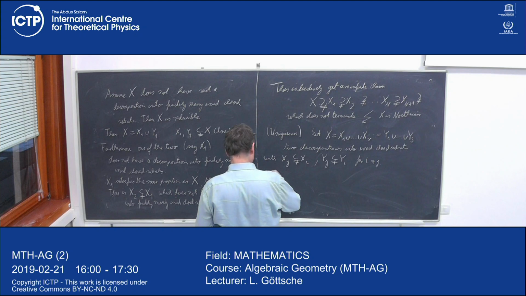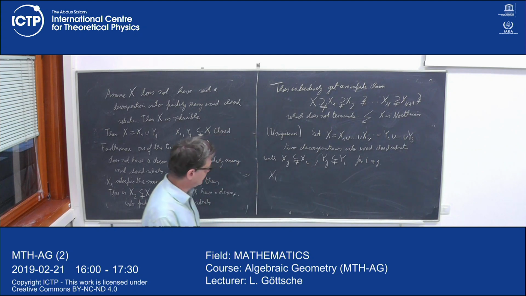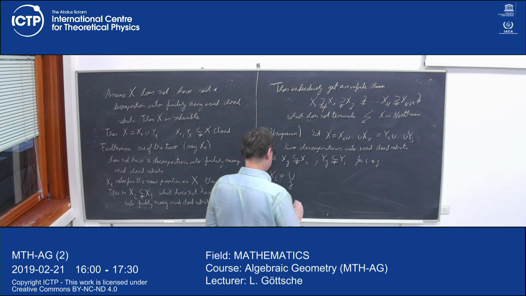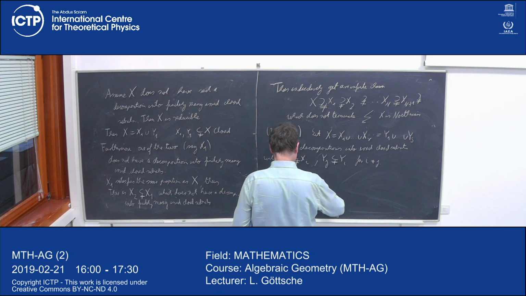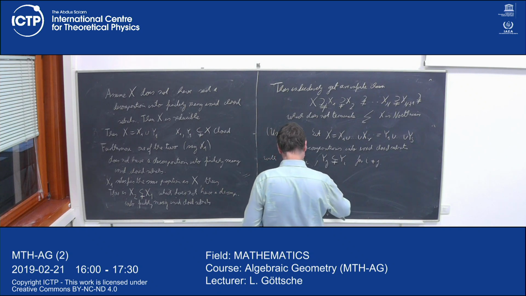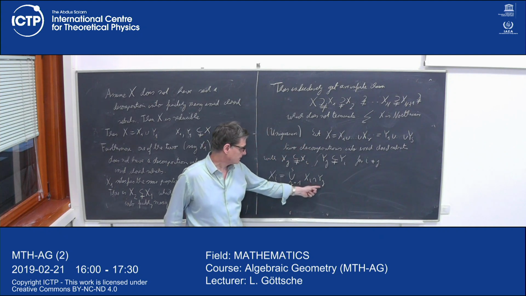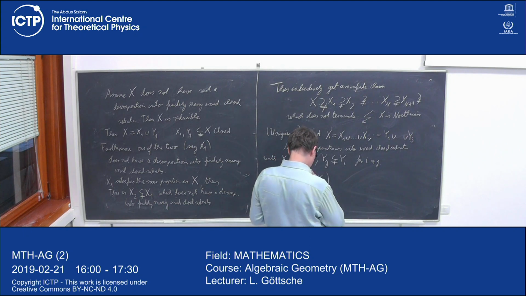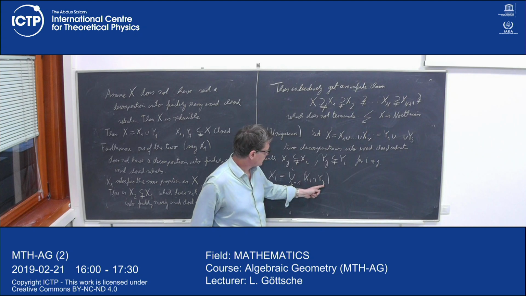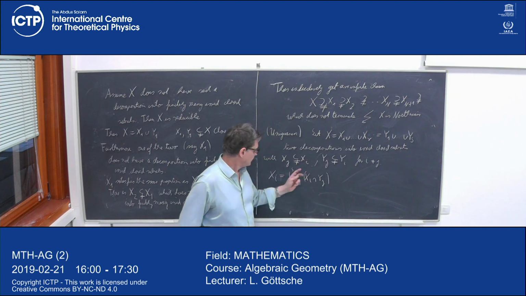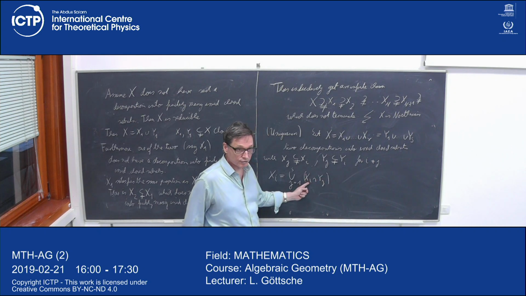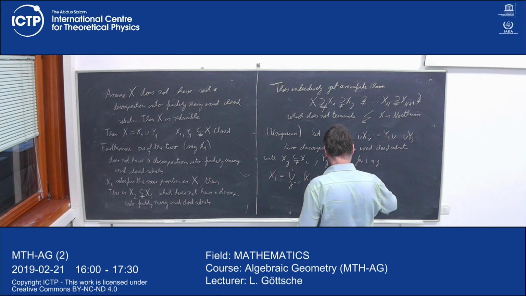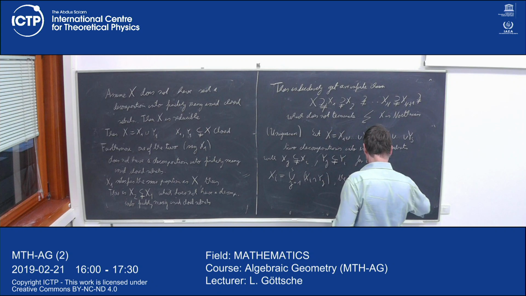So we take any Xi, we can write this as the union over all j from 1 to S of Xi intersected with Yj, because the union of the Yj's is equal to X. So the Yj's are closed subsets of X, therefore Xi intersected Yj is also closed. So the Xi intersected Yj are closed in Xi, and Xi is irreducible.